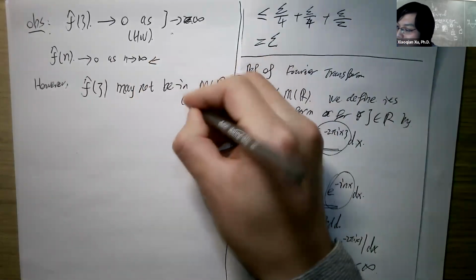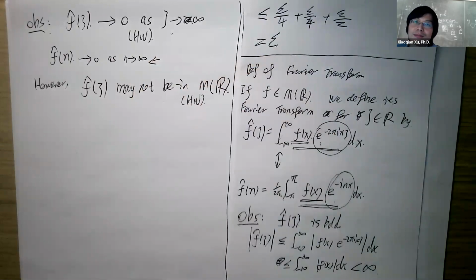Okay, I think this is another homework problem I'm going to assign you. At this moment, that's fine, because you can see that this kind of thing is also not as nice as we want, right? That's for sure.